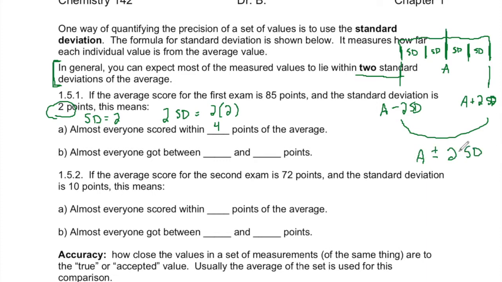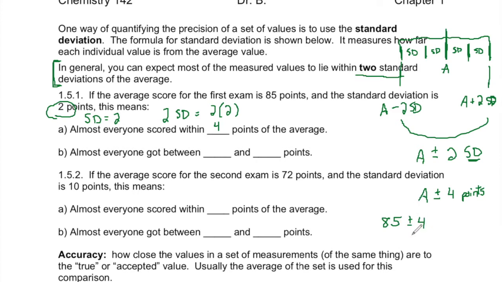So we have 2 standard deviations, which would be the average ±4 points. Okay, the average we say is 85, so the scores are 85 ±4.